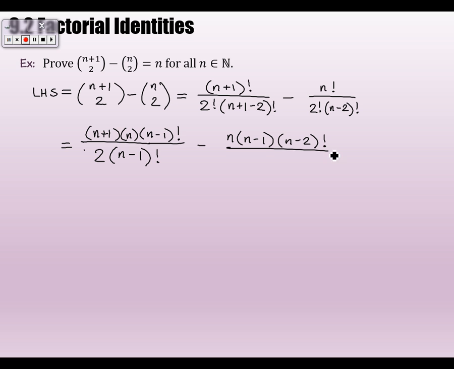Is that okay? All over 2 times (n minus 2) factorial. Notice I've dropped the factorial on both of the 2s. You see why 2 factorial is just 2. Okay, and that's the hard part, if there's a hard part here, is to see why I did what I just did. Do you see why I did it and that I'm allowed to do it?